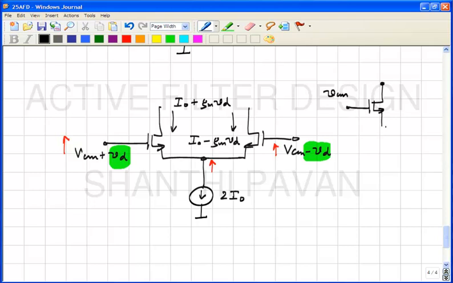How will the common mode half circuit look? The current source will get split into two, and then the current source becomes an open circuit because incrementally it's an open, right? So what kind of controlled source is this now?